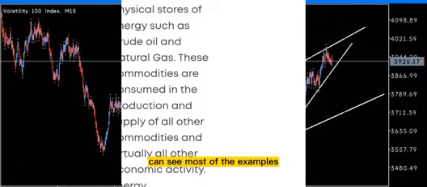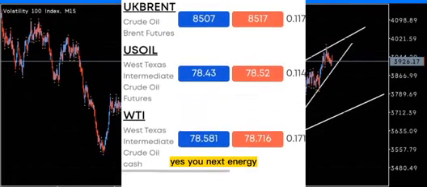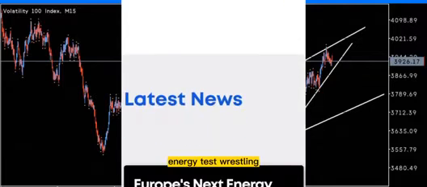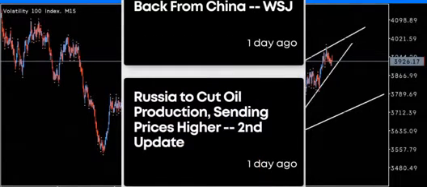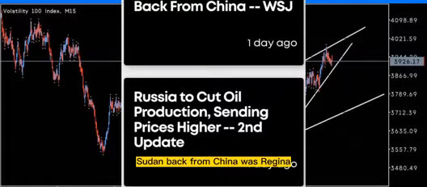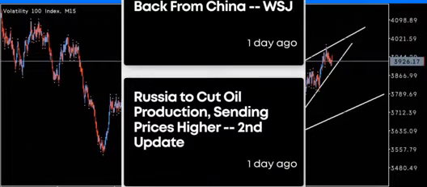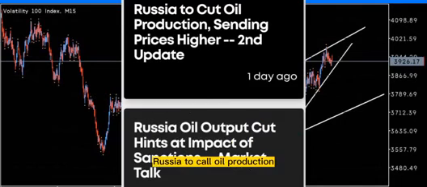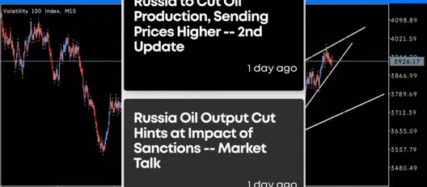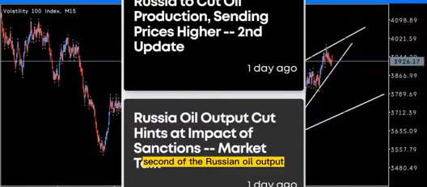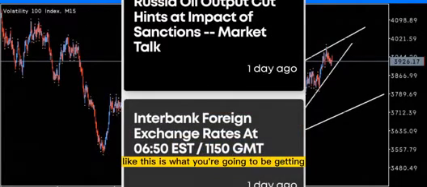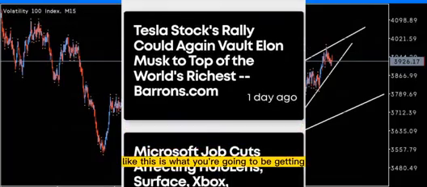You can see most of the examples here: Europe next energy, solar back from China, Russia to cut oil production, sending prices higher. Second of the Russian oil output. So most of the information like this is what you're going to be getting.